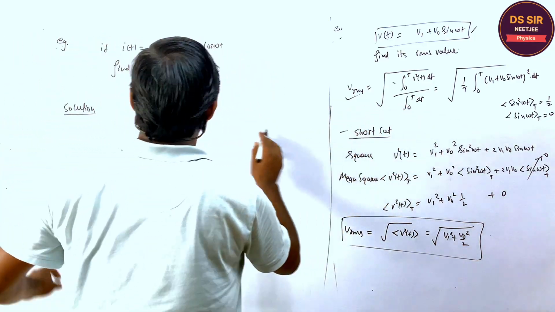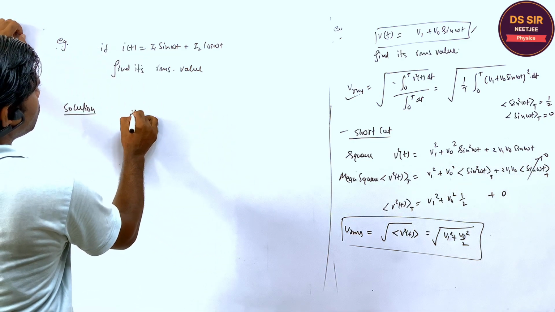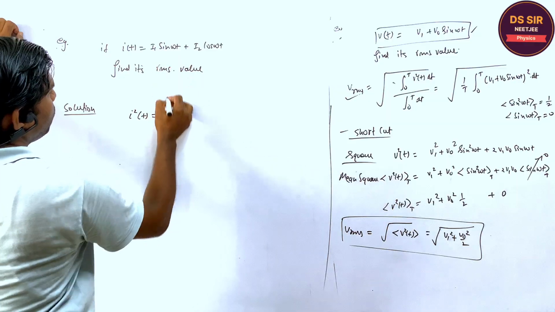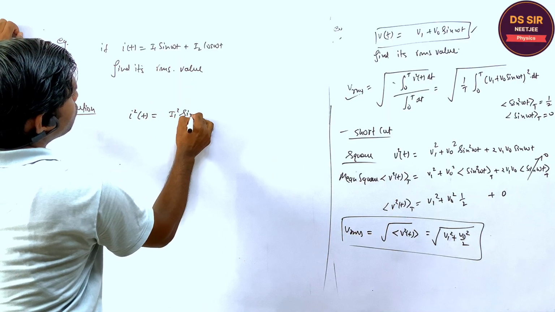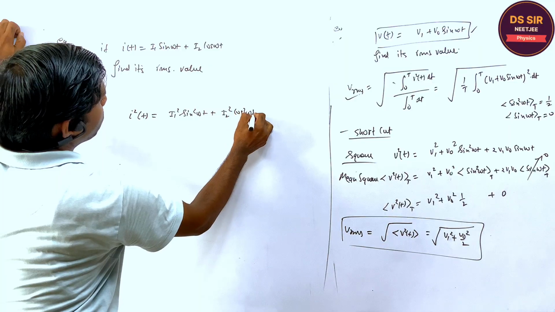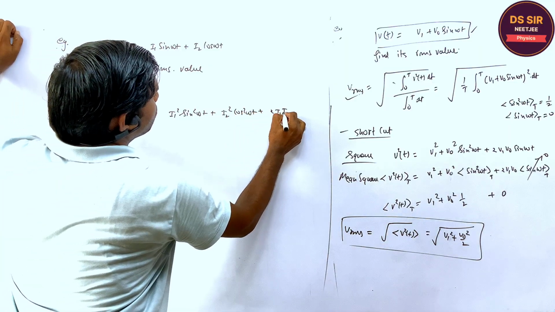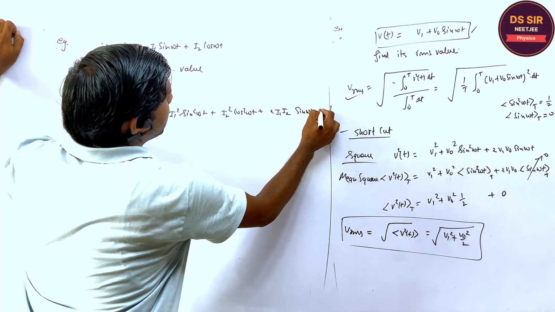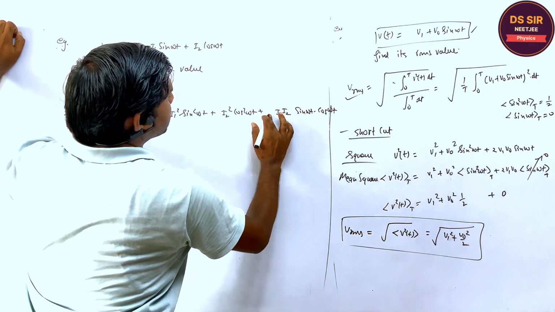We will use the shortcut. How? First find the mean square. You have to find the square. So when you square, I1 square sin square omega t plus I2 square cos square omega t plus 2 I1 I2 sin omega t cos omega t, right?